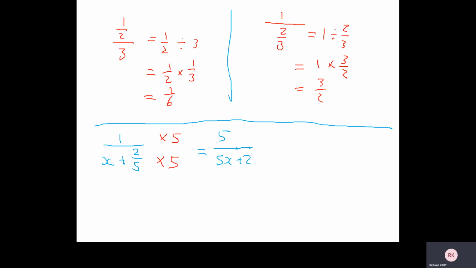Yeah, you can do that. You can add the terms together. You can say x plus 2/5 is 5x plus 2 over 5, and then you could say that's the same as 1 divided by that, which is the same as 1 times the reciprocal. Yeah, that's fine. I think that's probably a little easier, but nothing wrong with that.